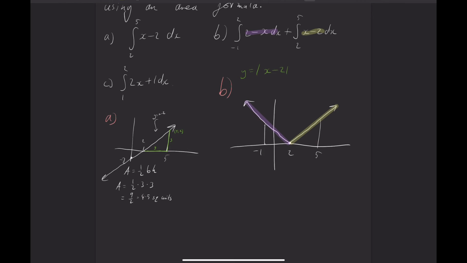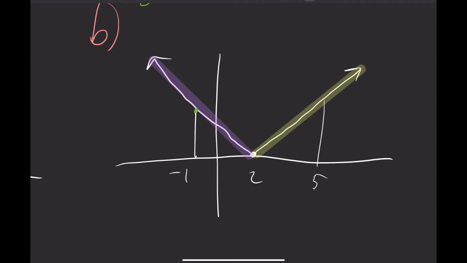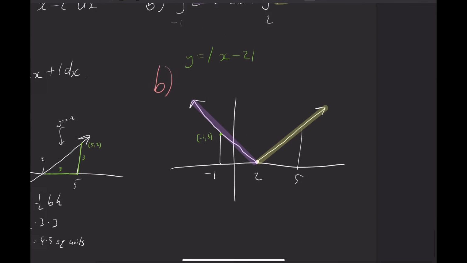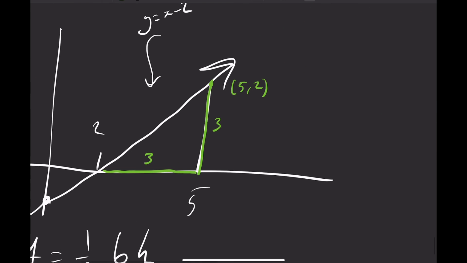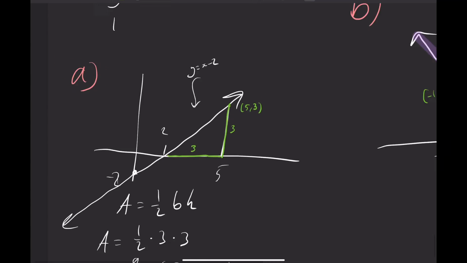Now you'll hopefully be able to see pretty quickly that this has coordinates -1, 3. Let's look at our graph. 2 minus -1 is 3. And you'll remember from part A that this has coordinates 5, 3. Oops, that was driving people a bit crazy. It should be a 3.